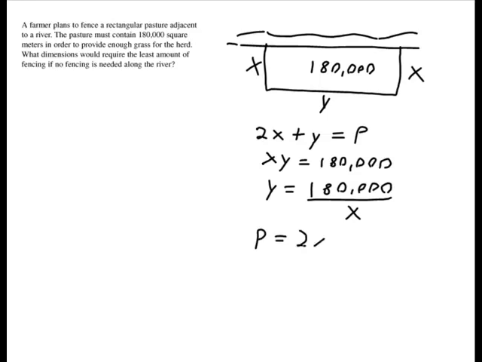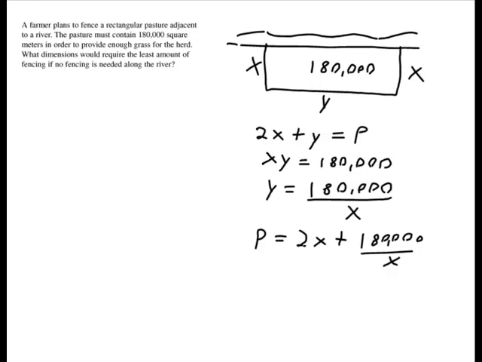Perimeter is equal to 2x plus y, which is 180,000 over x. So now we have an equation that represents the perimeter in terms of just the side x. Now to optimize this, we need to find what makes the perimeter the smallest. Well, if we think about it, this is really a graph we're working with. We want to find the minimum on the graph.